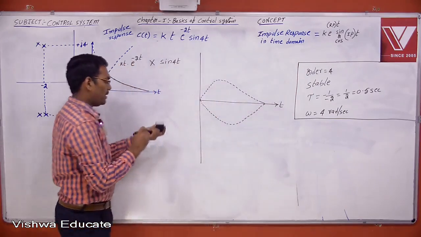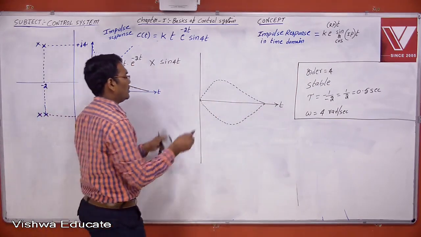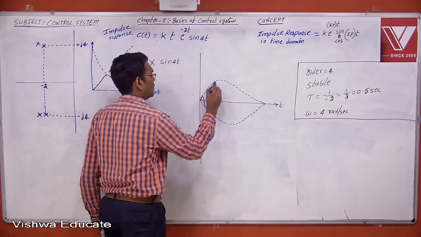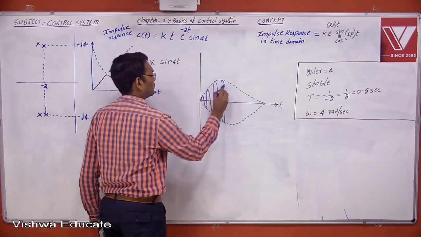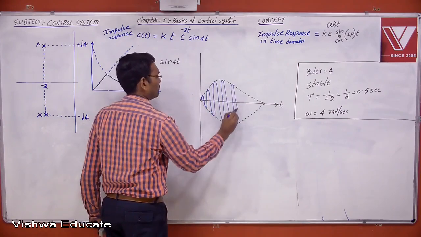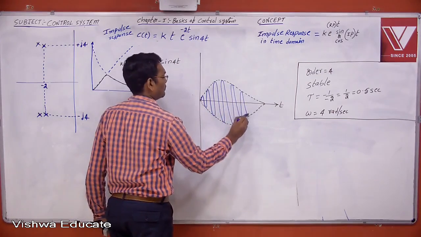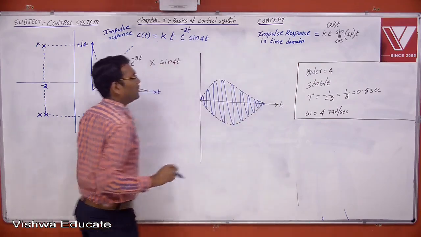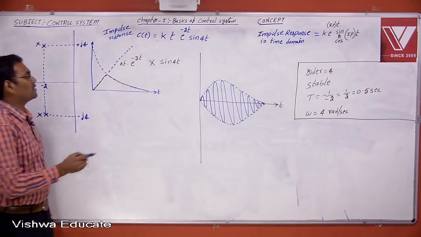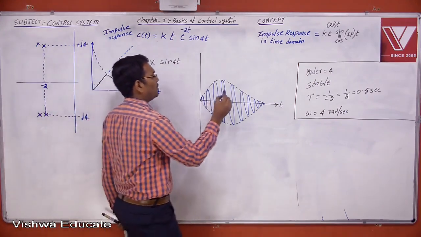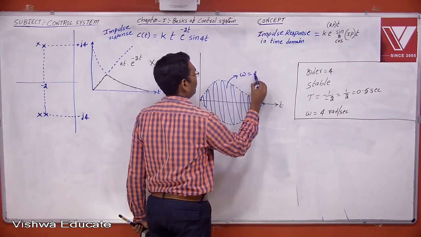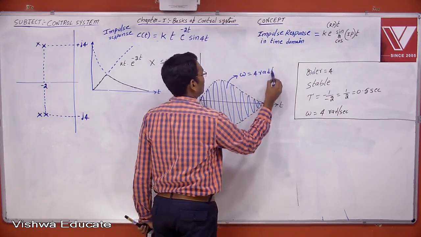Now, in the common area, what is the frequency of oscillation? The frequency of oscillation is equal to 4 radians per second.